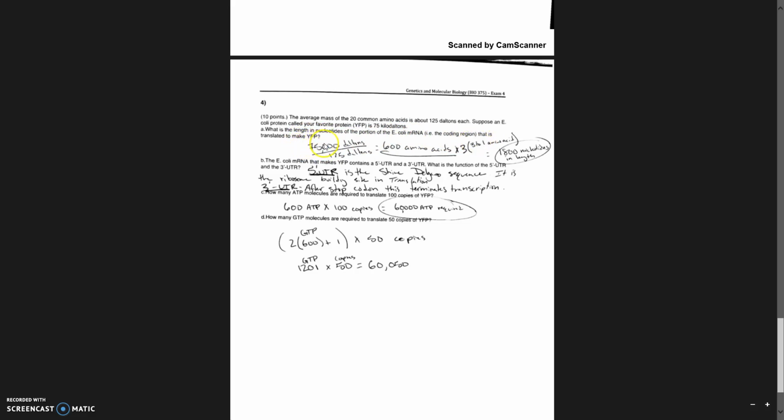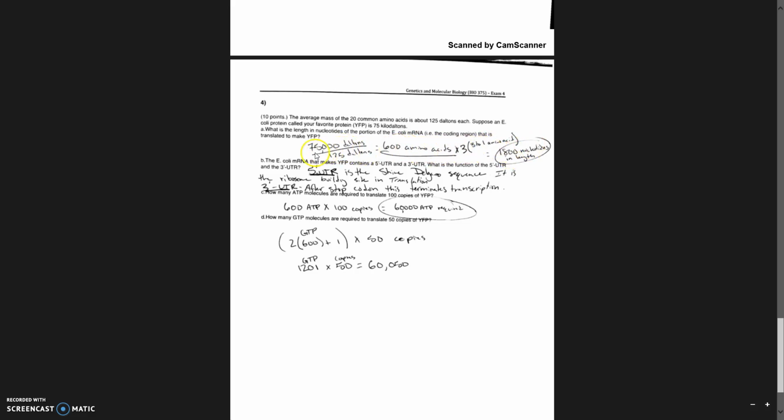So if each of these amino acids weighs about 125 daltons each, and we have 75 kilodaltons, which is thousands, so 75,000 daltons divided by 125 daltons, we should get 600 amino acids. For the length in nucleotides of the portion of the E. coli mRNA, the mRNA needs 3 nucleotides per codon to make 1 amino acid, so it's going to be a 3 to 1. So we're going to do 600 times 3, so we should get 1800 nucleotides in length.